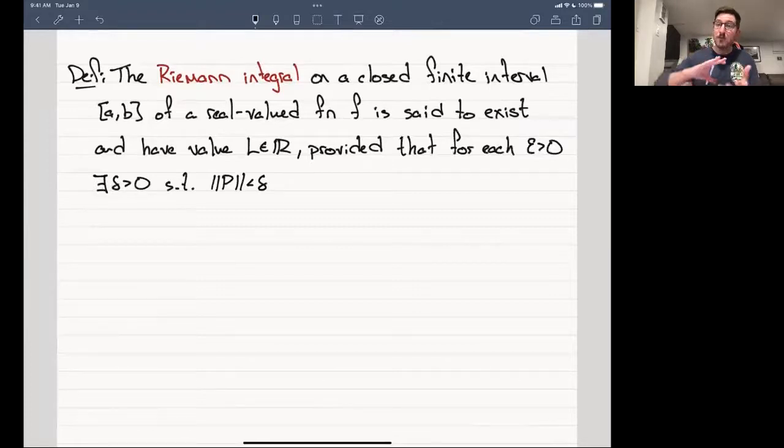Remember, there's a lot of new definitions that are built into this, so be careful. Well, this implies that the Riemann sum is within epsilon of its limit.